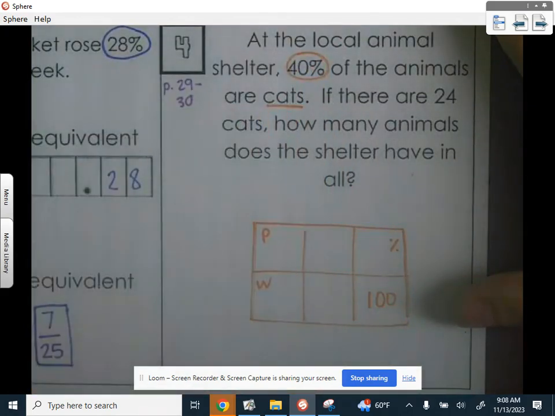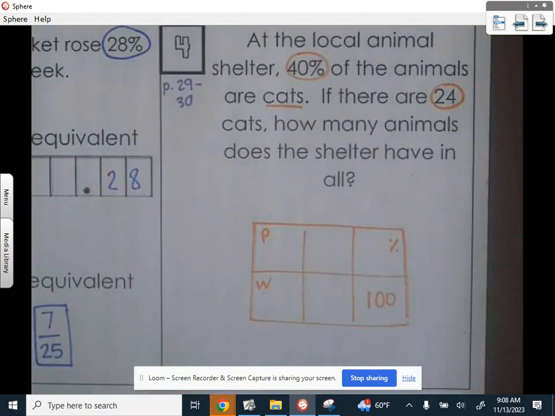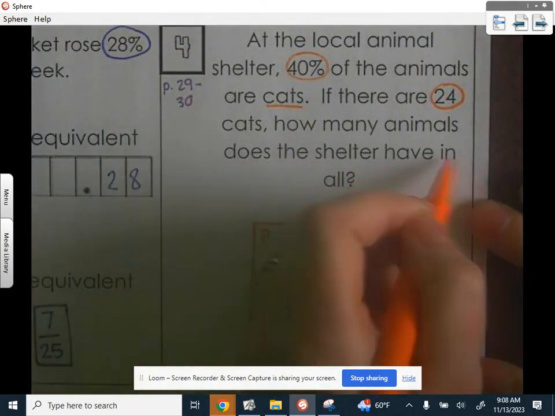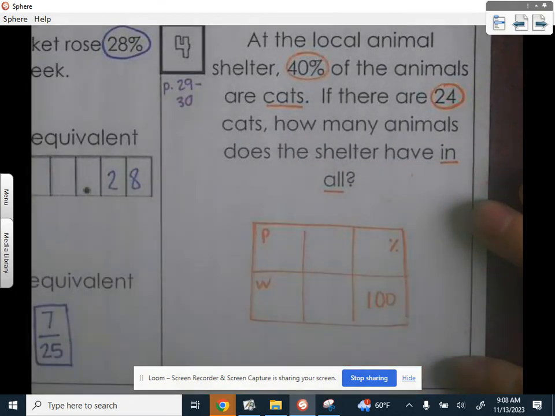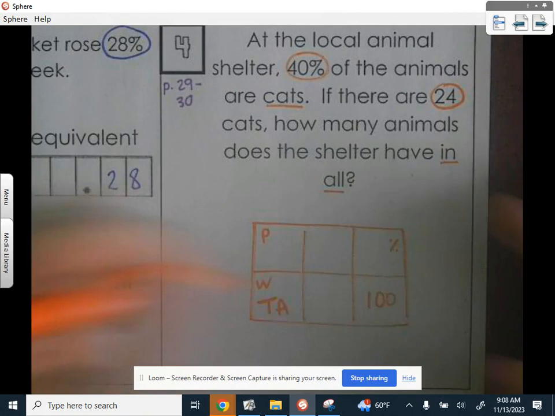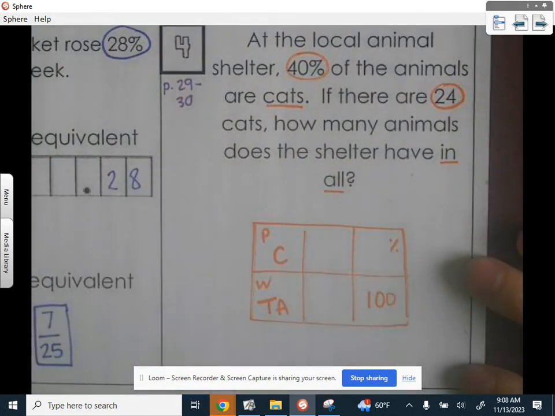So we know the percent that are cats. We also know how many are cats. And then we're looking for how many animals they have in all. Okay, so we have total animals, and then we have that some of them are cats.